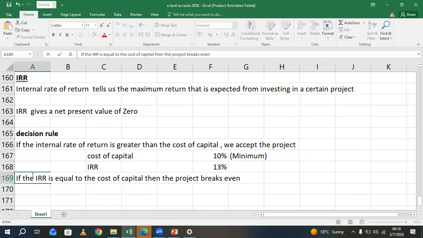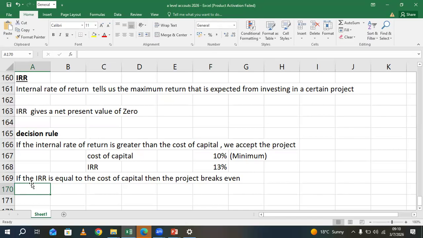It means we are indifferent. We can go for the project, but it doesn't give us any return. If it's equal to the cost of capital, we don't make a loss, but we are also unlikely to make a profit.